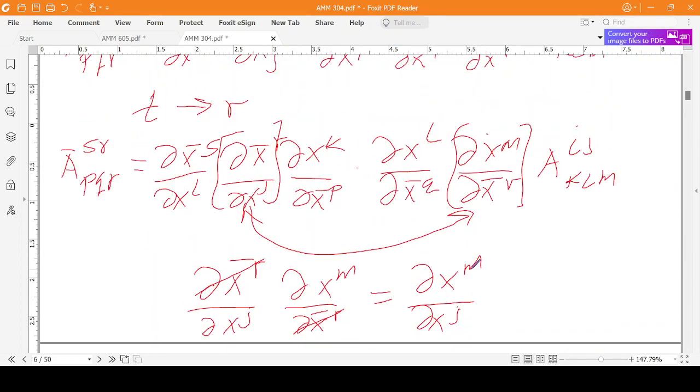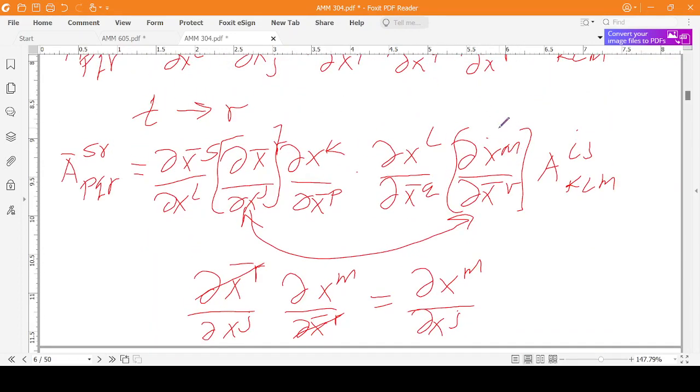So in this case, we shall replace the product of these two with either 1 or 0. 1 when j is equal to m. So when we put 0, then everything becomes 0. But it will become 1 when this j here is equal to m.